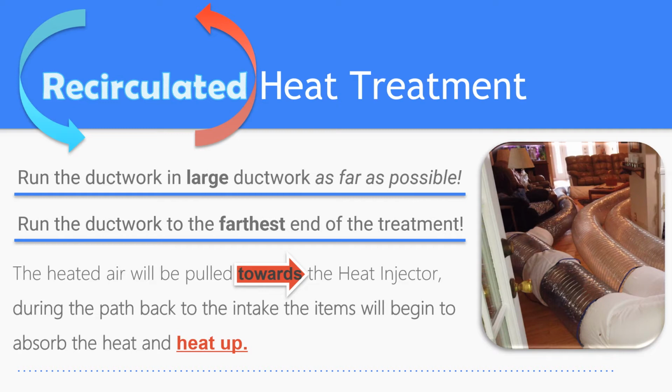The goal is to take that heat from the machine and run it as far into the home as possible so that as it discharges that lethal temperature on the path back to the intake of the machine, it will lose the BTU energy from the air into the things it passes over. So the last place to heat up is the air around the heat injector because it's the farthest from the discharge.